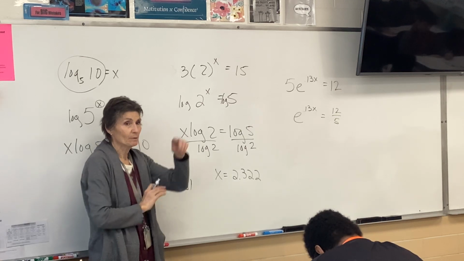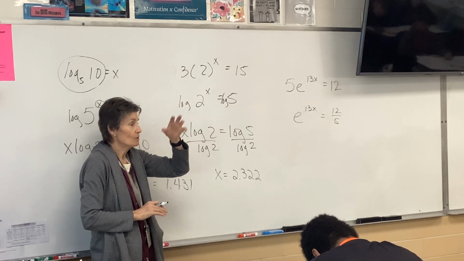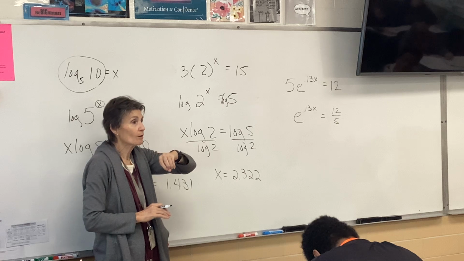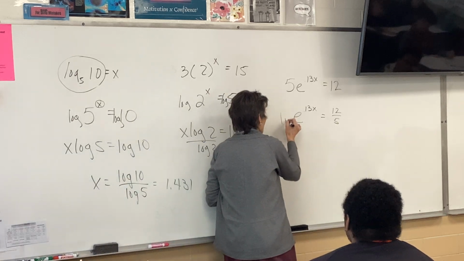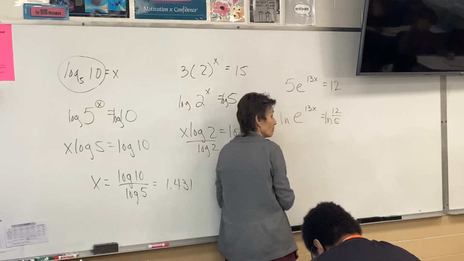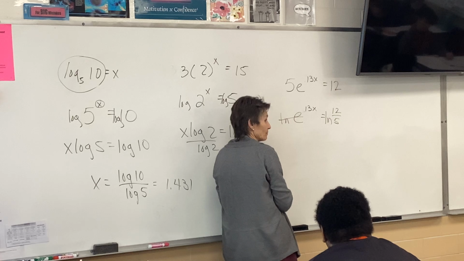Now that variable is still up there, right? I gotta get it down. The only way to get it down is to use logarithms, but instead of LOG, I will use LN because of the e in the problem. And that just makes my life easy because that's gone.